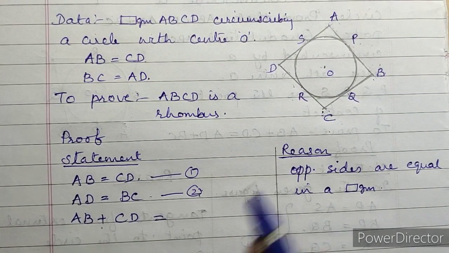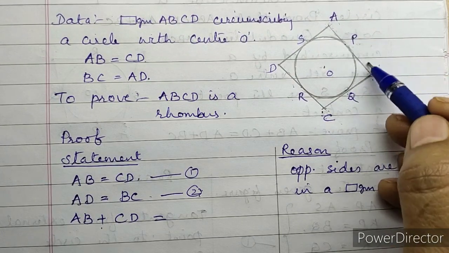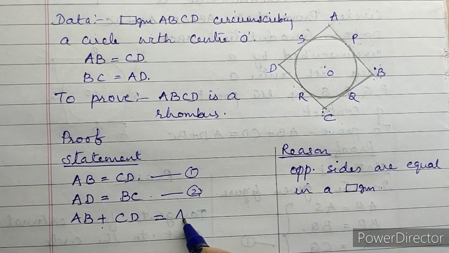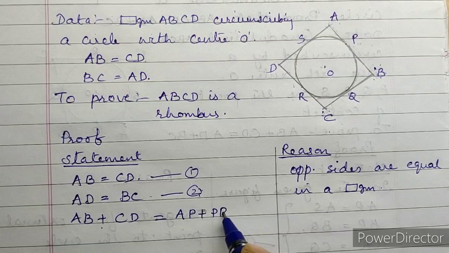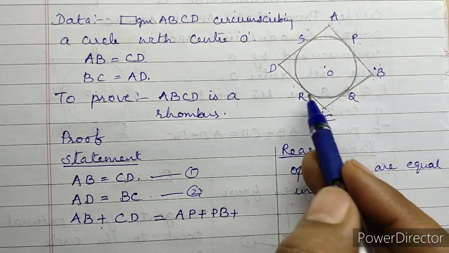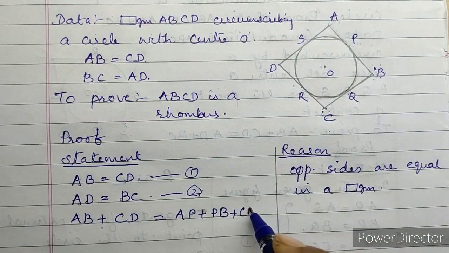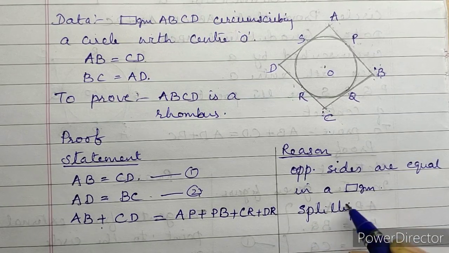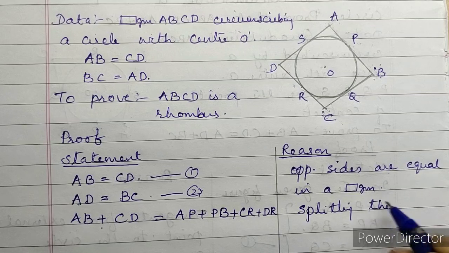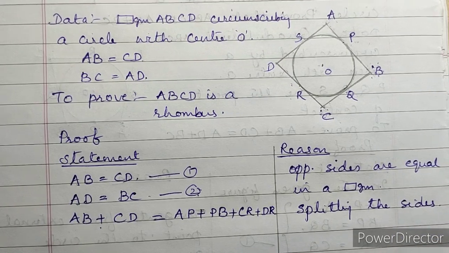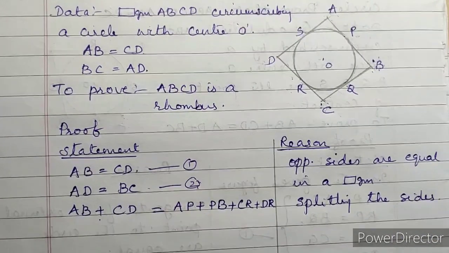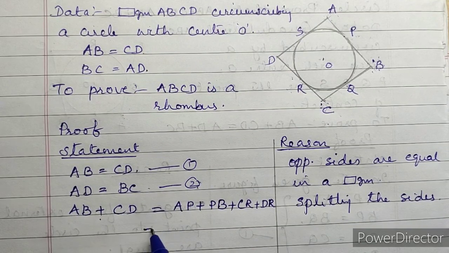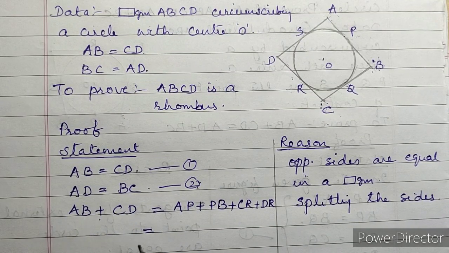So what is AB? AB you can split and write as AP plus PB. CD, how can you write? CR plus DR. So that is only splitting. Splitting the sides, you can write as reason. Now that is equal to, LHS you just leave here.